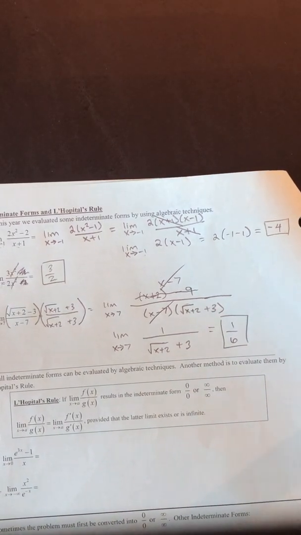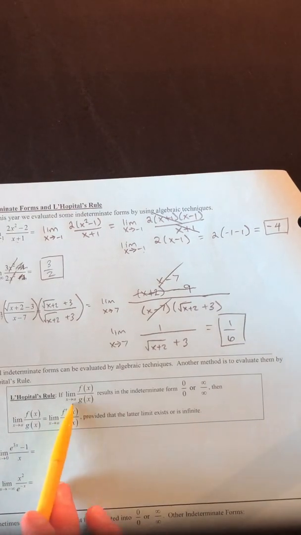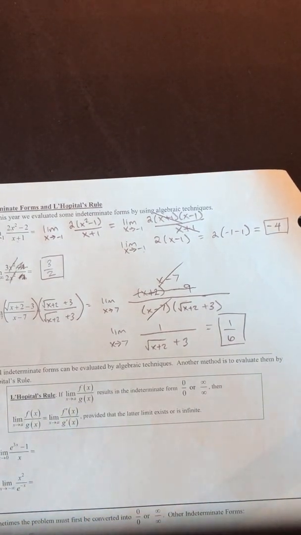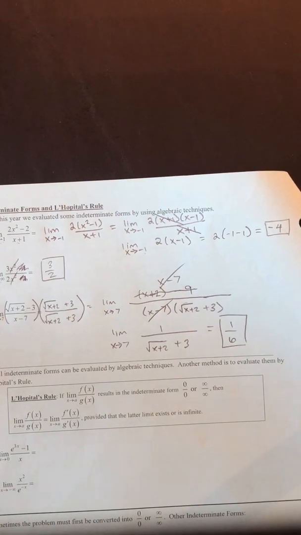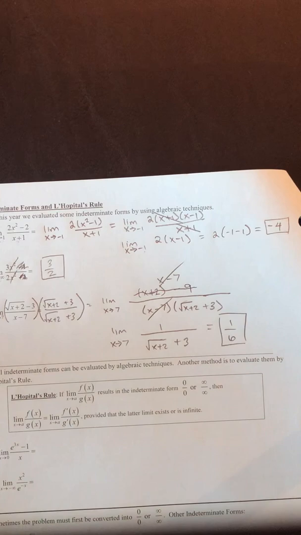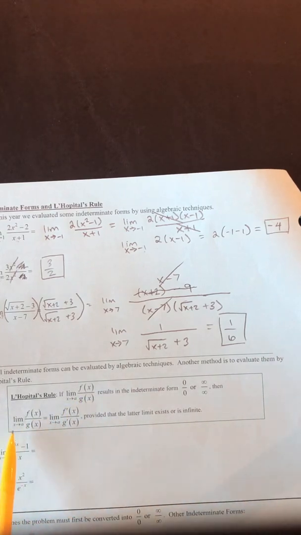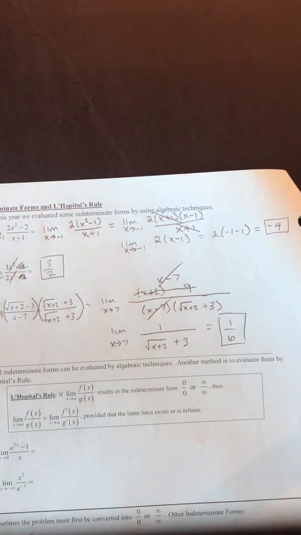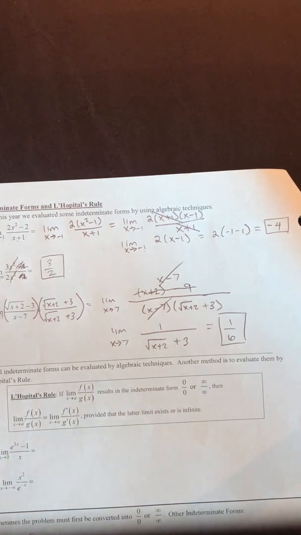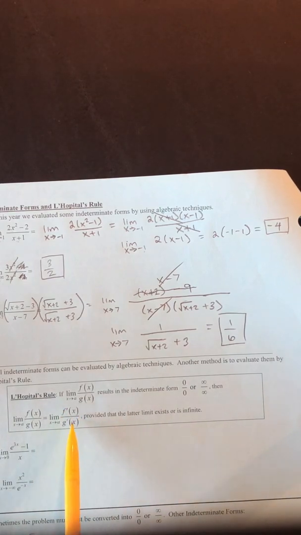It says, if I have some functions f and g, if the limit of f over g, as x is approaching 9, ends up in one of the two nice indeterminate forms, which is 0 over 0 or infinity over infinity, then my original limit, remember, that's the thing we were trying to get, you no longer have to work with the original functions. What you can do is look at the limit of the ratio of those derivatives.